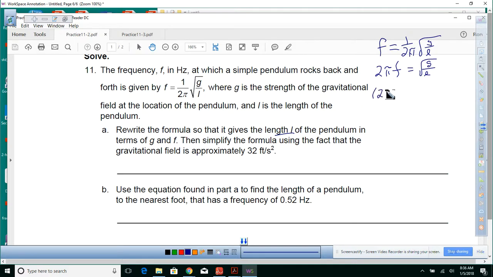So I got 2 pi f squared equals g over L. Multiply both sides by L. So I got L times 2 pi f squared equals g. Then divide both sides by 2 pi f squared. So L equals g over 2 pi f squared. Okay, and that's squared.